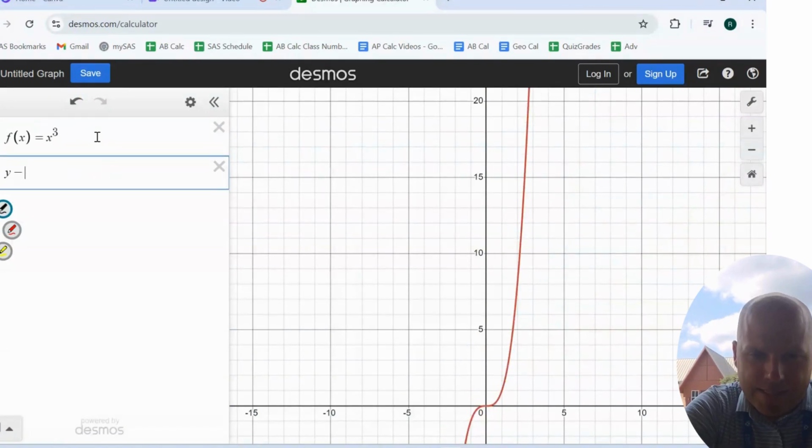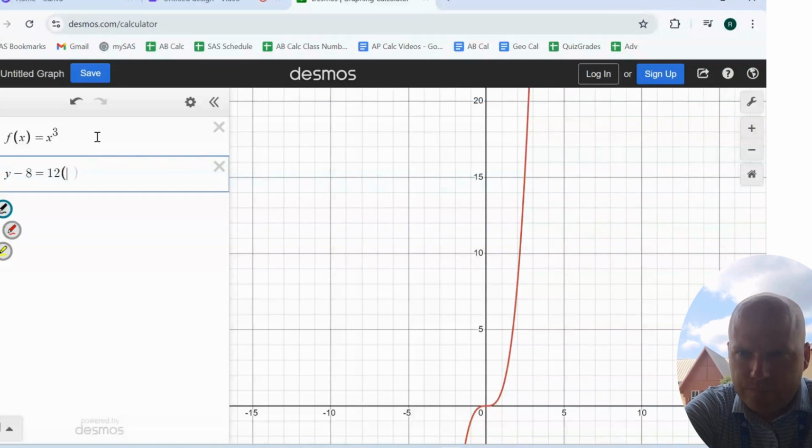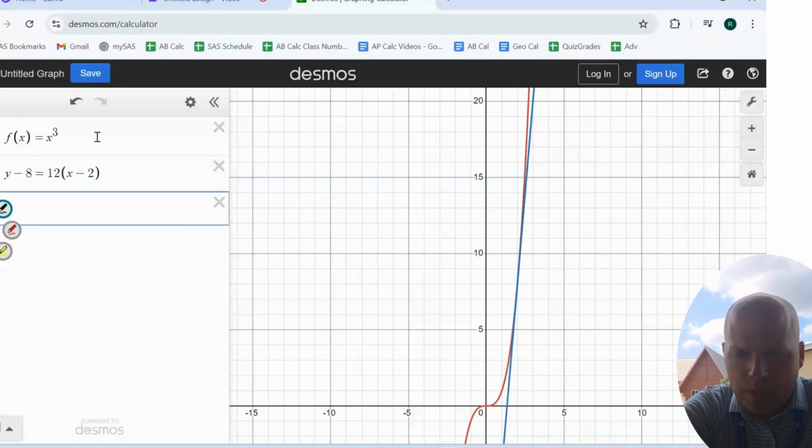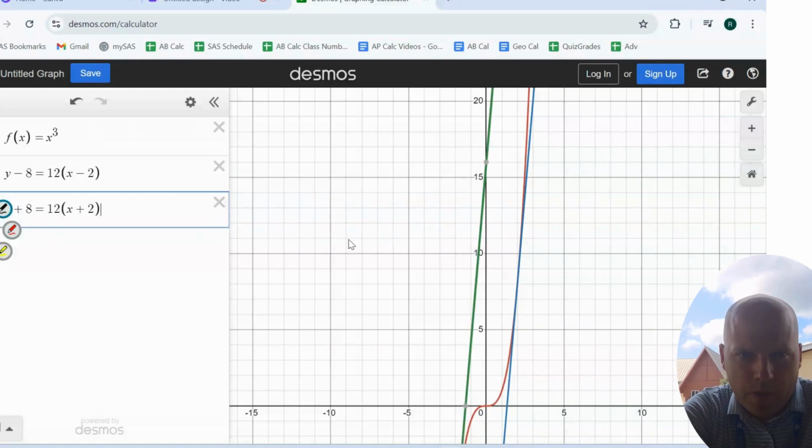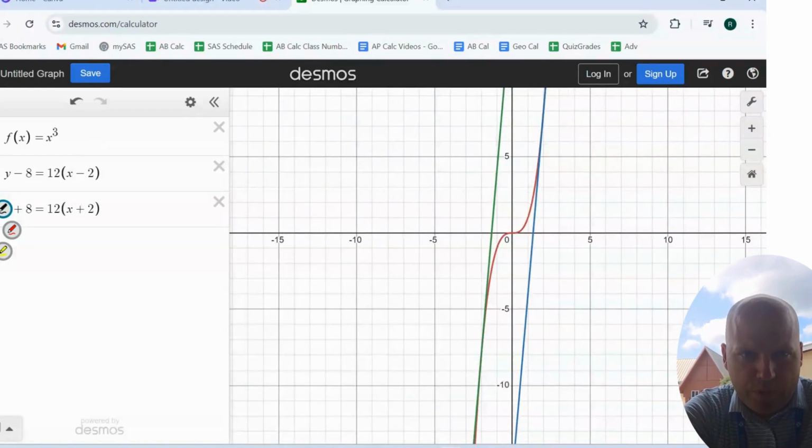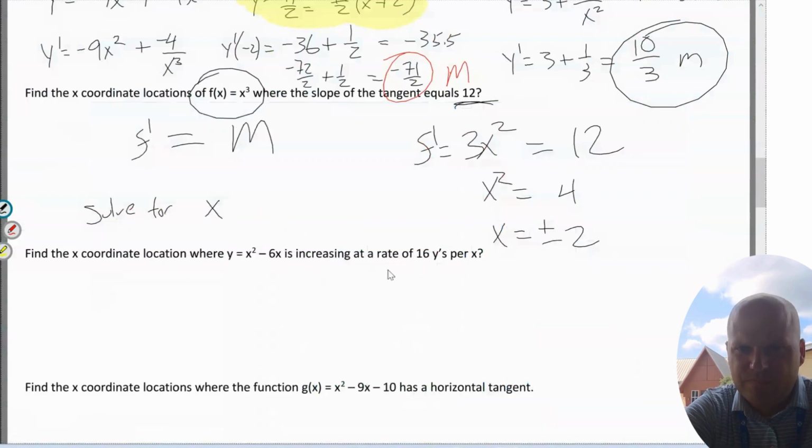I know that at 2, 8, my slope is 12. Bam. I also know at negative 2, negative 8, my slope is 12. Bam. I can see my slope is 12 here and my slope is 12 here. At these two locations, I'm increasing 12 y's per x.